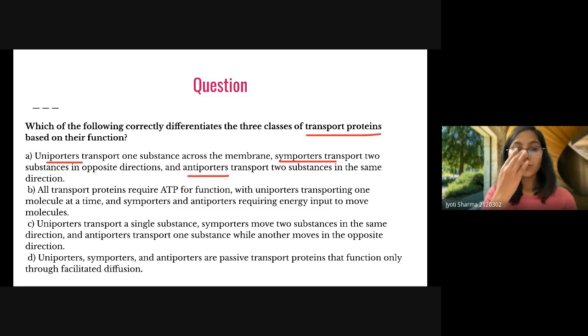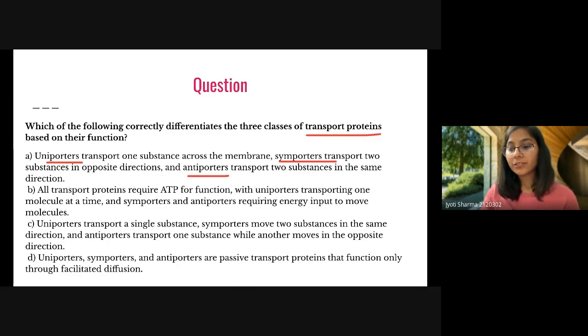C option: uniporter transports a single substance, symporter moves two substances, and antiporter transports one substance while another moves in the opposite direction. And D: uniporters, symporters, and antiporters are passive transport proteins that function only through facilitated diffusion.